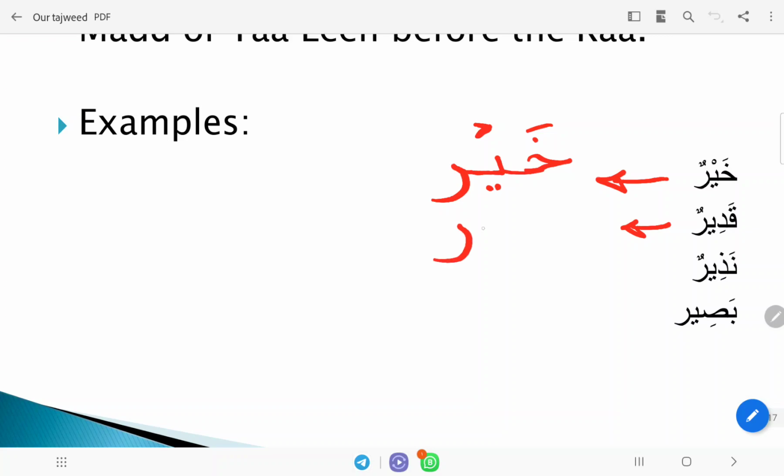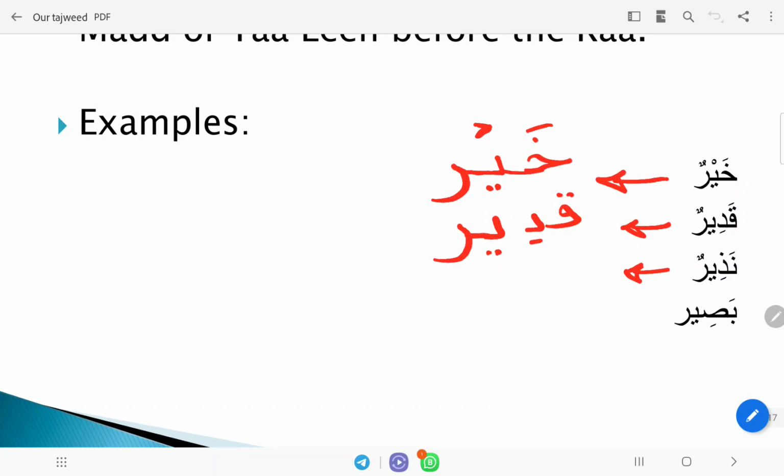The ra here will be sakin also due to stopping. It is preceded by the ya letter which is ya mad. We know the ya mad doesn't have sukun, and it is preceded by kasra. So the word is قدير.